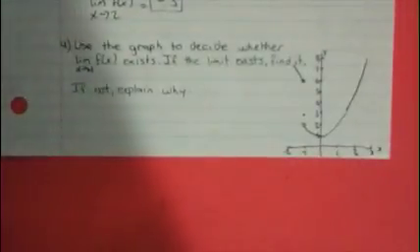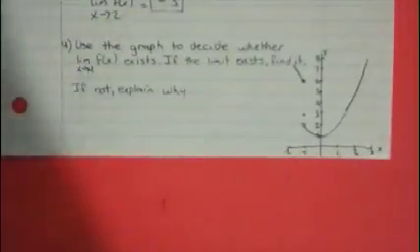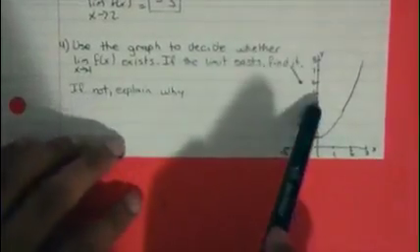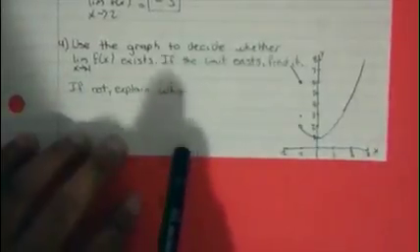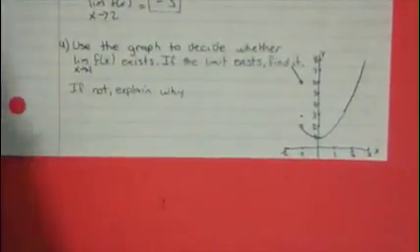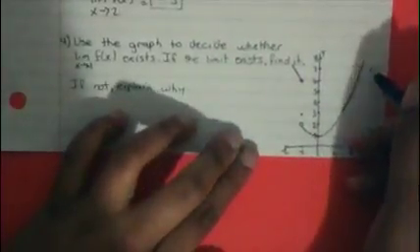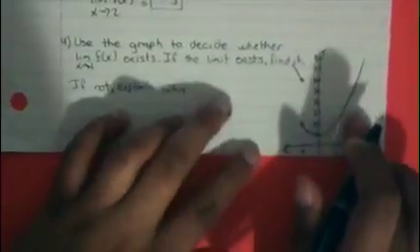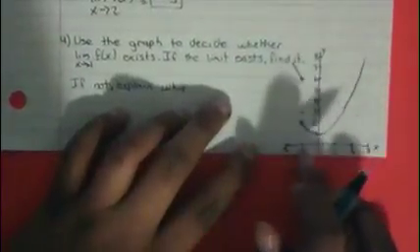The last problem of the 2.2 homework quiz is to find out if this graph has a limit or not, and if it does not, explain why. So this graph does not have a limit because as x gets closer and closer to -1 on both sides, they end up being on 2 different values.